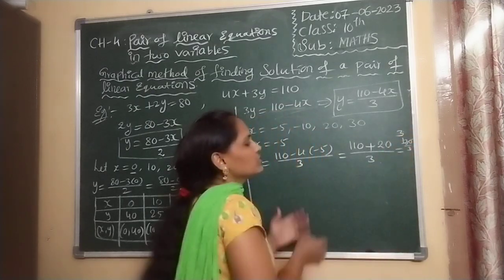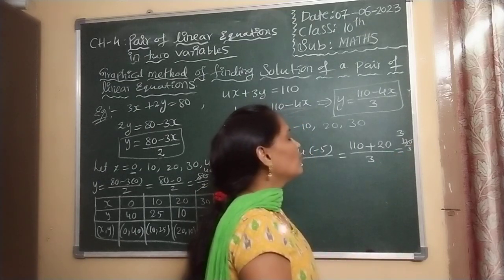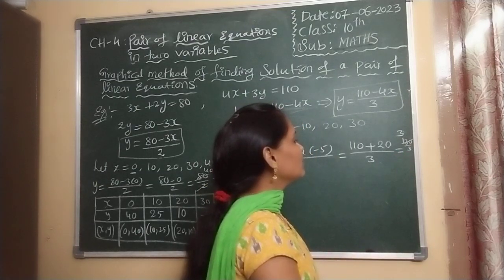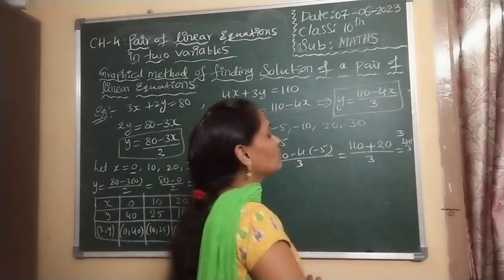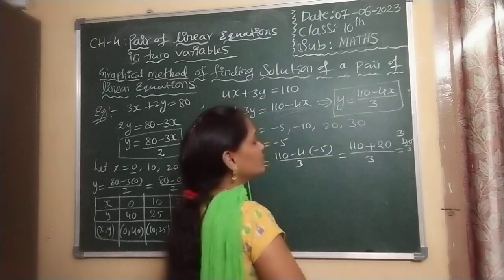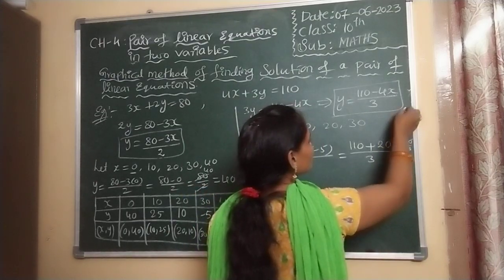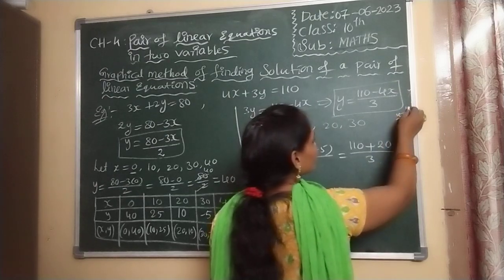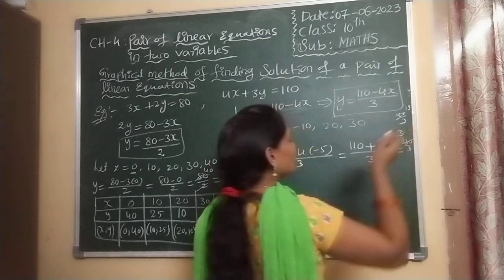From 13, if you subtract 9, how much will it be? 4 it will be. So 4 it will be 40. 3 fives, 40 means we can divide 30 by 3. 3 ones are 3, 3 threes are 9. So 43.33 like that it will be.